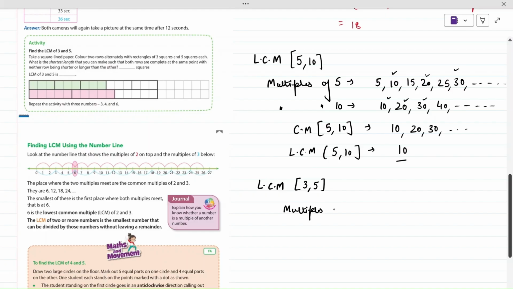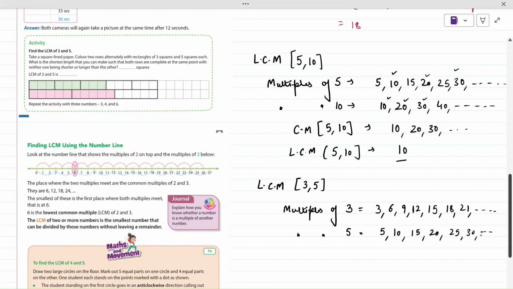The multiples of 3 are 3, 6, 9, 12, 15, 18, 21 and so on. And now the multiples of 5, which are 5, 10, 15, 20, 25, 30 and so on. All these are the multiples of 5.